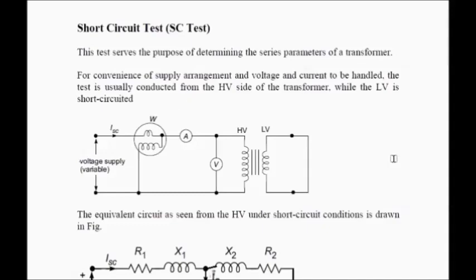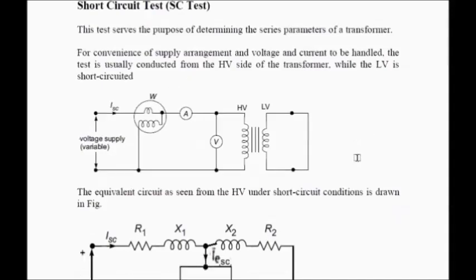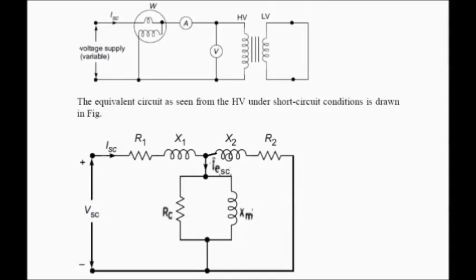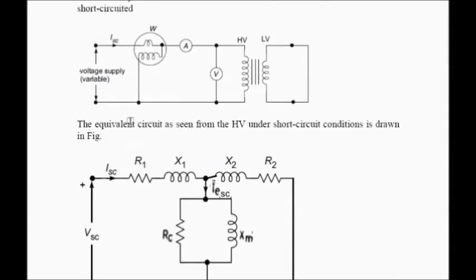And what are those series parameters? The series parameters are R1 plus R2 and X1 plus X2. So here we find R equivalent and X equivalent referred to the high voltage side, because we are giving supply on the high voltage side.